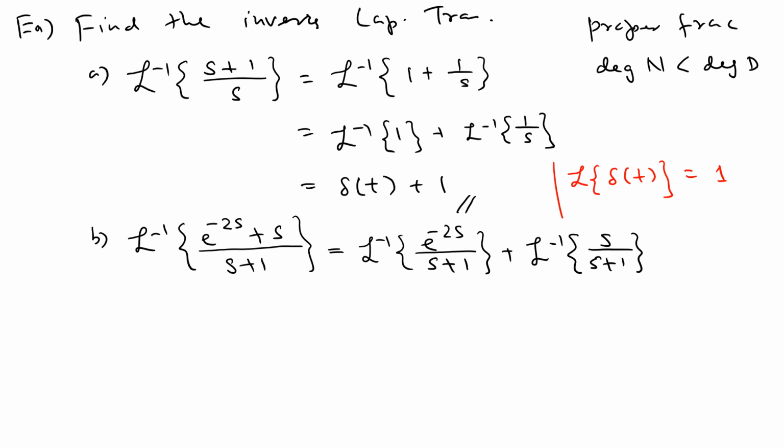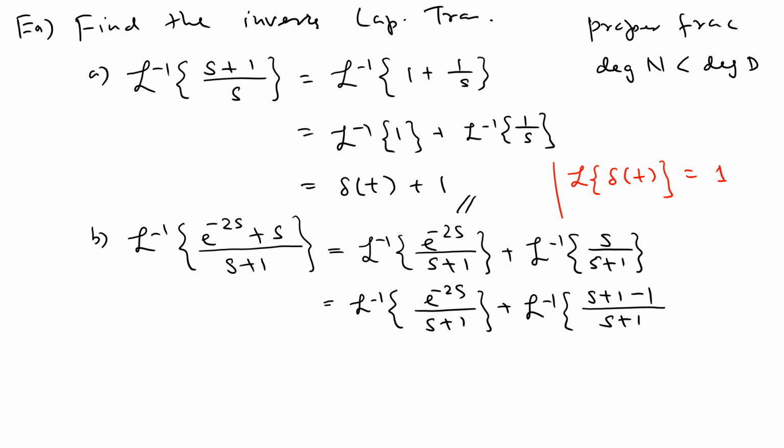Now, how to handle s over s plus 1? What you try to do is create the term in the denominator in the numerator. We already know how to do this, we did this before. So we can write this as s plus 1 minus 1. Because once you do that, if you divide this with that, you get 1 minus the other term.